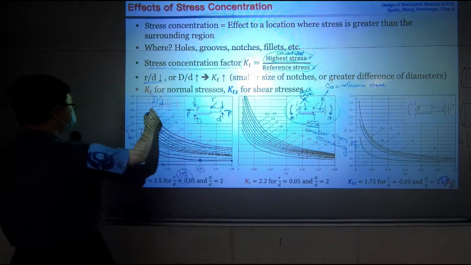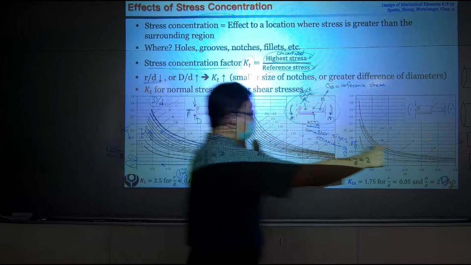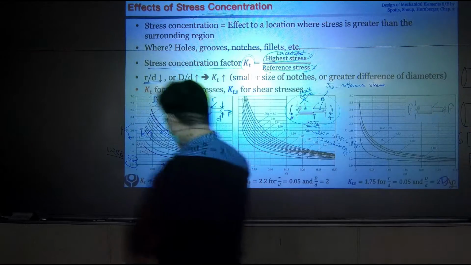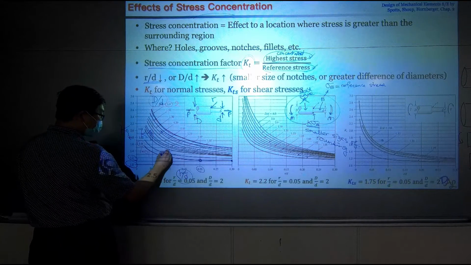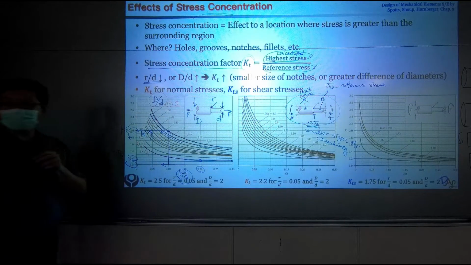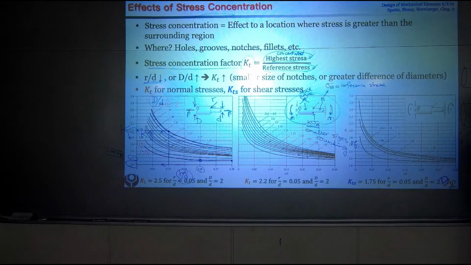So the ratio is 2, so that would be this curve. And R over small d is 10%, so it's right here. So this point, 2.0. So for this design, the concentrated stress right here equals 2 times your reference stress.